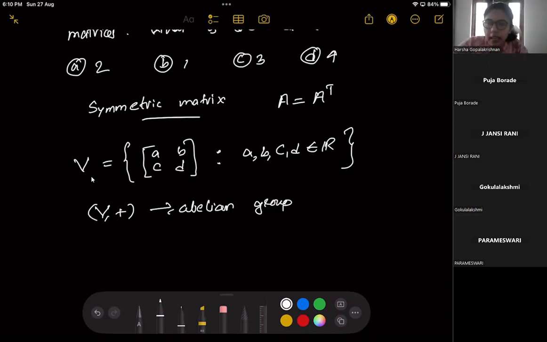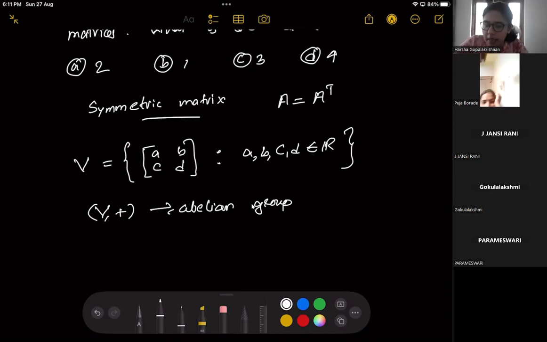If we take two matrices, the sum of two matrices is again a matrix in V, right? And matrix addition is commutative, associative, and the identity is the 0 matrix. The 0 matrix belongs to V, and for any matrix A, minus A is the inverse of the matrix.